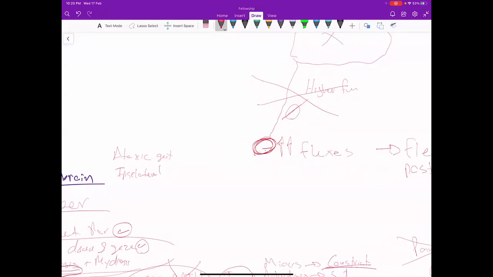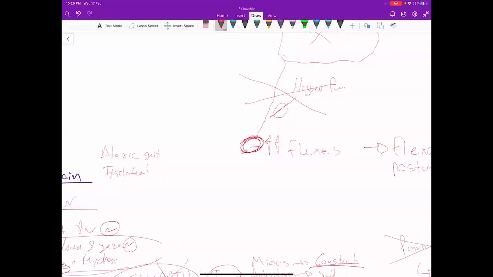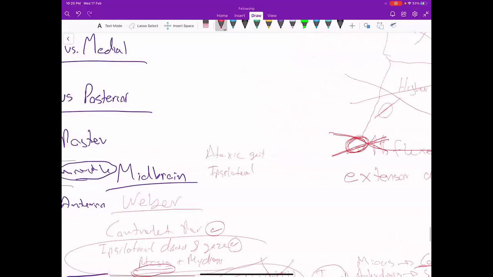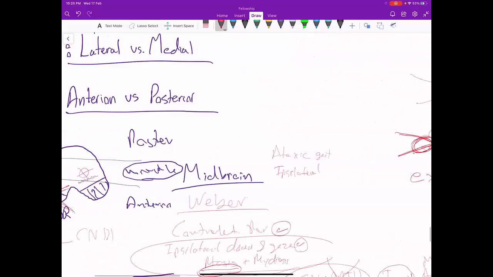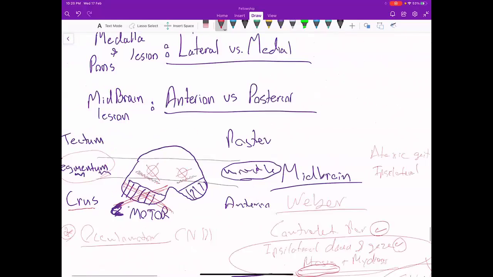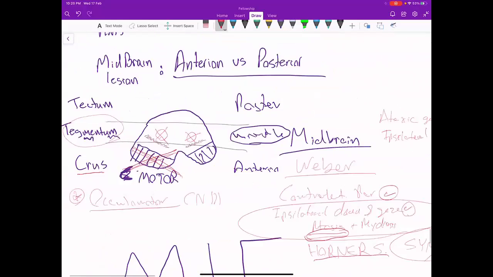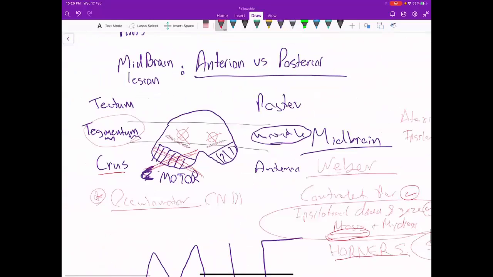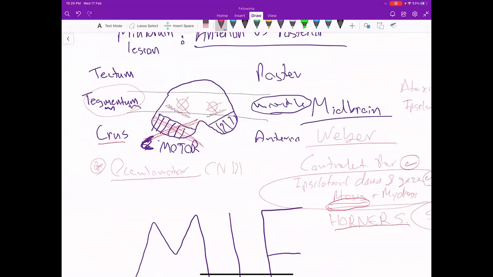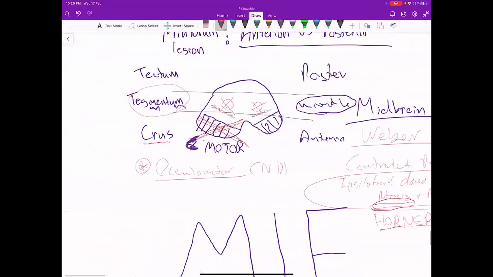If the upper innervation is okay and it's managing to inhibit the flexing, but you damage the red nucleus itself at the level, there is no flexing, you get an extensor deficit. So when you get ipsilateral oculomotor damage, plus ataxic gait, plus or minus extension or a postural deficit, then you're going to think of the other midbrain lesion, which is responsible for the tegmentum.